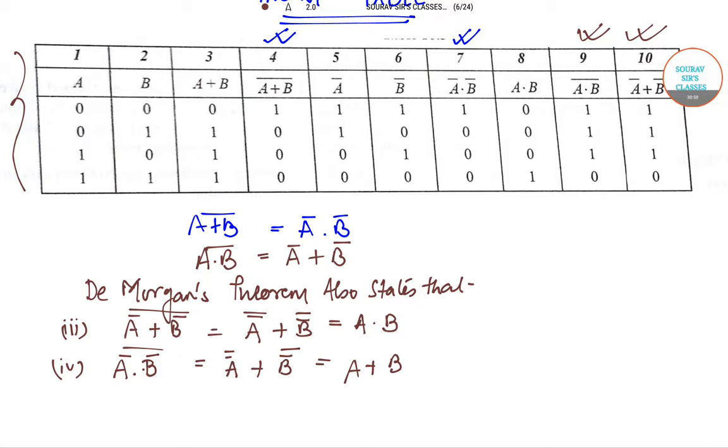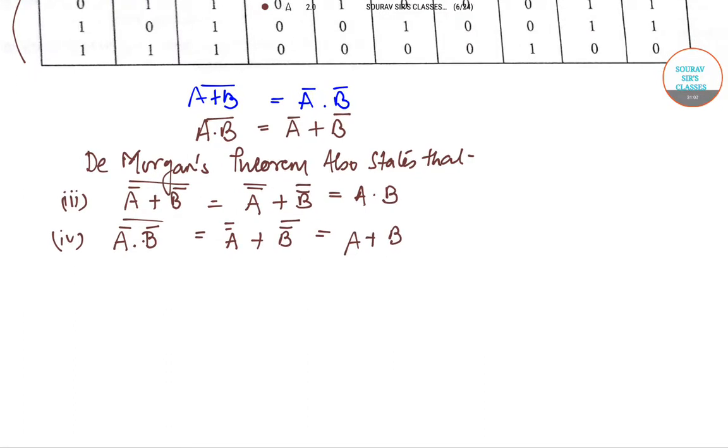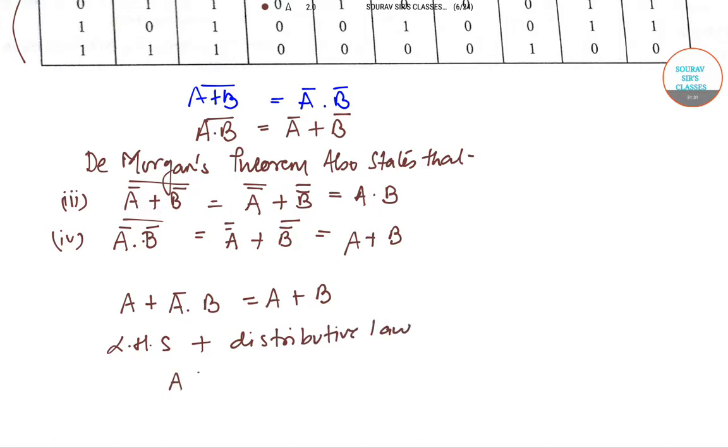So we will be actually using the identity here. So what we will do, we'll try and prove one identity. Okay, so we are trying to prove, say this, A plus A bar dot B is equal to A plus B. Now taking left hand side and applying the distributive law, we get A plus A dash dot B is equal to (A plus A dash) dot (A plus B).